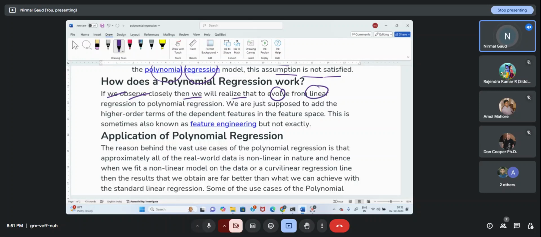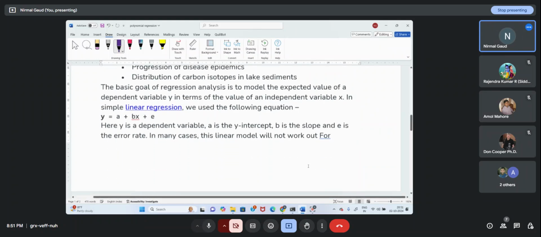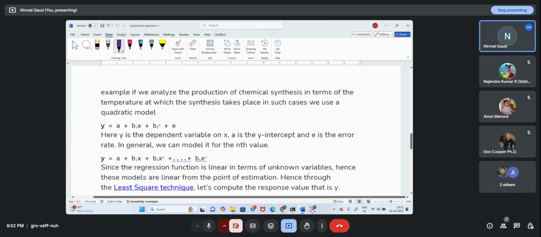To evolve from linear regression to polynomial, we just add higher-ordered terms of the features in the feature space. This is called feature engineering, but not exactly. Feature engineering and all this are certainly confusing to us. The next are just the applications.